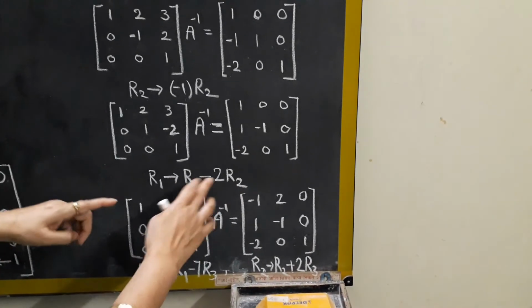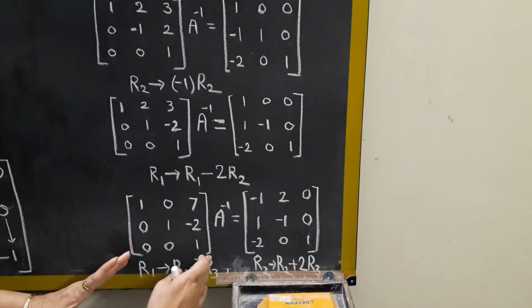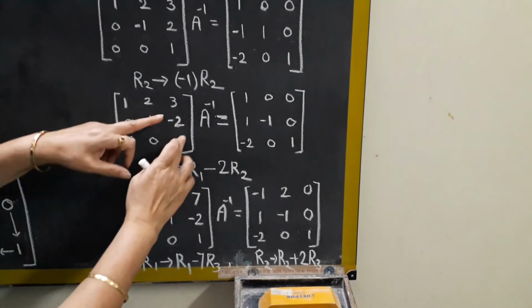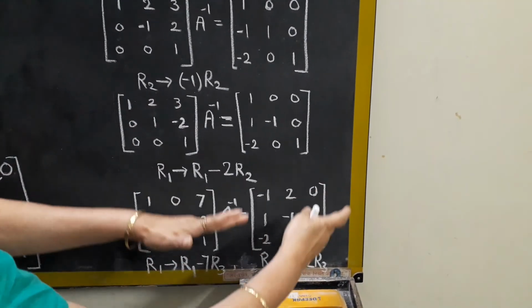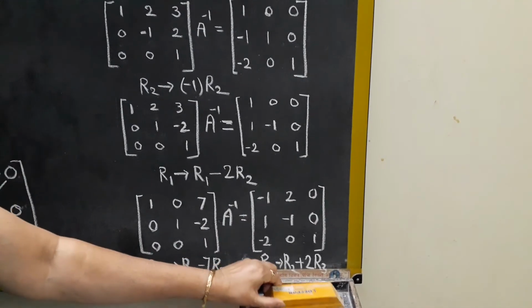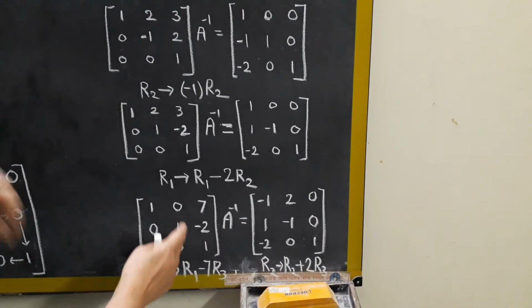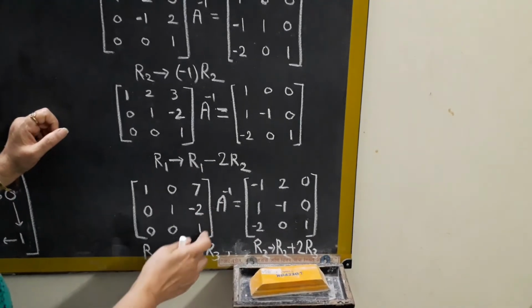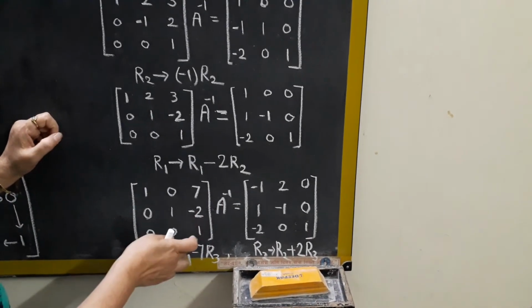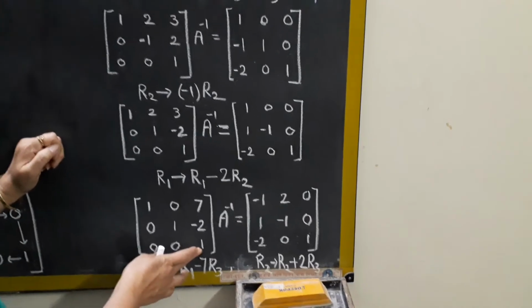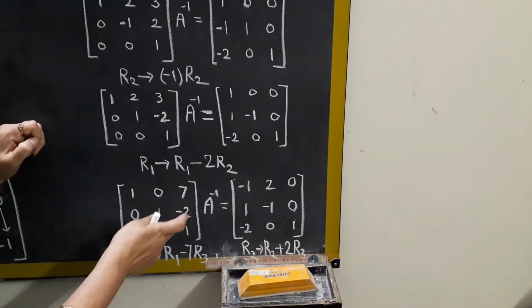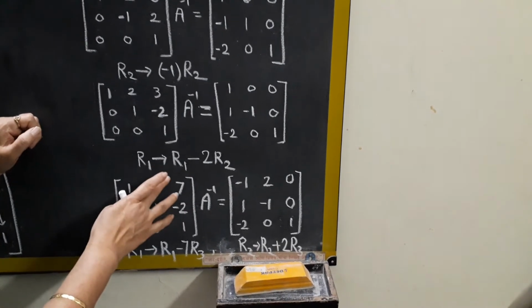And now according to that, whatever the change is there, R1 minus twice of R2, you can just find it out. These are the numbers which we are getting. Now to switch over to the next column. In the next column first bring 1, but which is already there in this example. So okay, fine, we will convert these two numbers into 0 form.